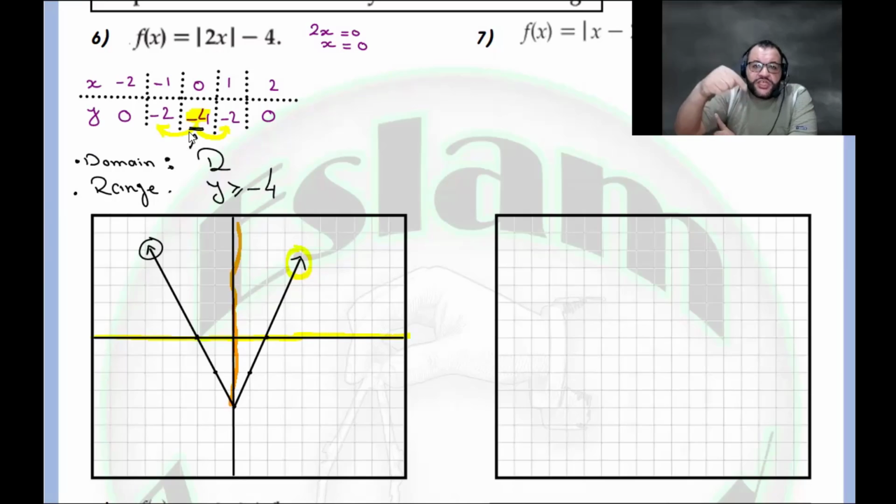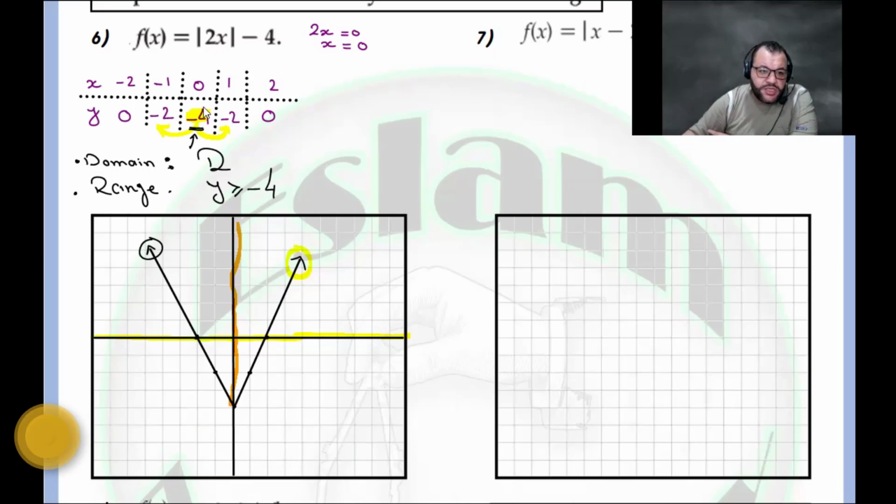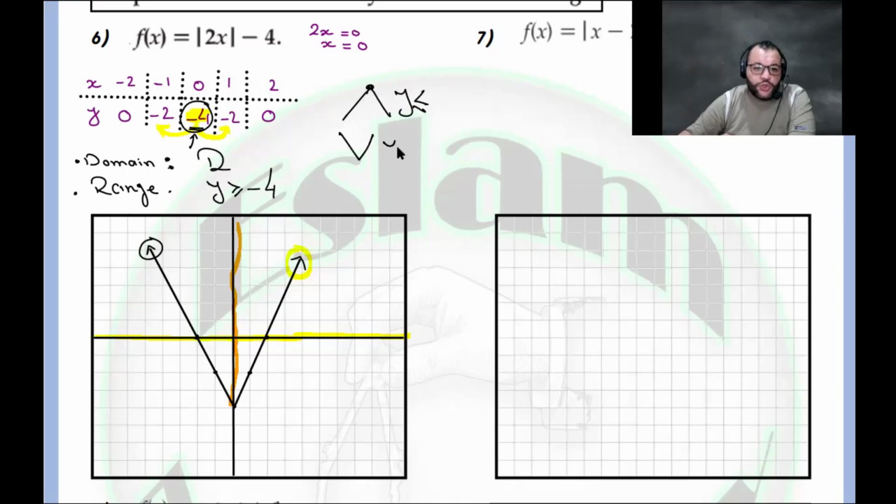So this point is the minimum point, and all of the points are above this point. If the graph is going up, it will be more than or equal. If the graph is going down, it will be less than or equal.